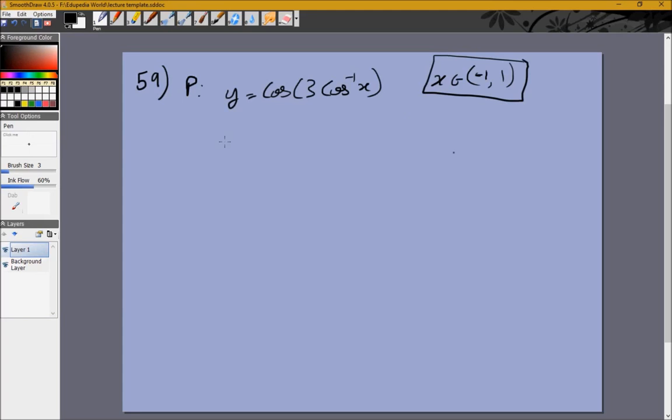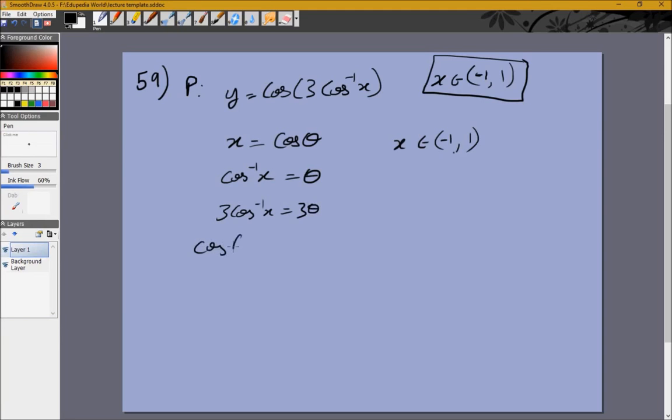We can just take x is equal to cos theta, which means cos inverse x is equal to theta. Right. And this is where it is used because x is between minus 1 and 1. Right. So theta will be between 0 and pi, sorry. And cos inverse x is theta. 3 cos inverse x is equal to 3 theta.